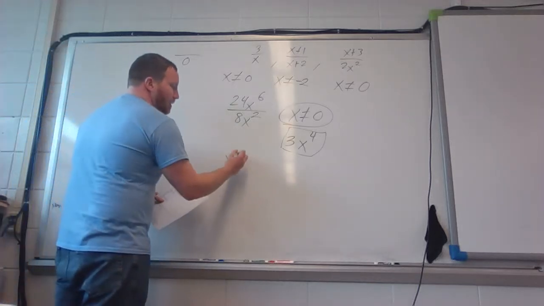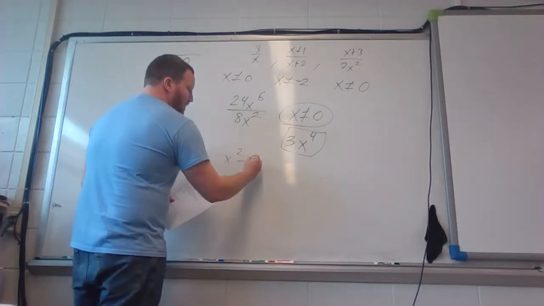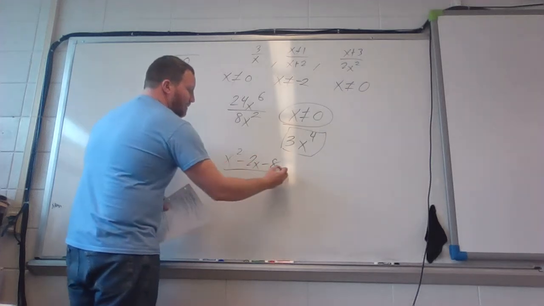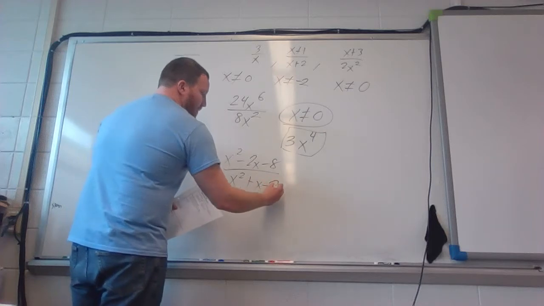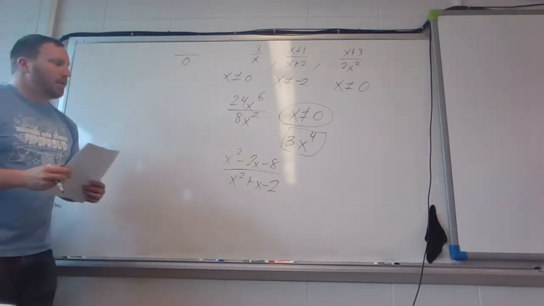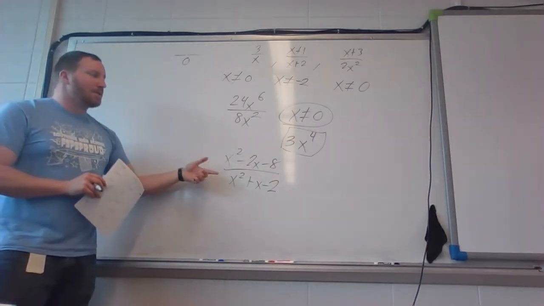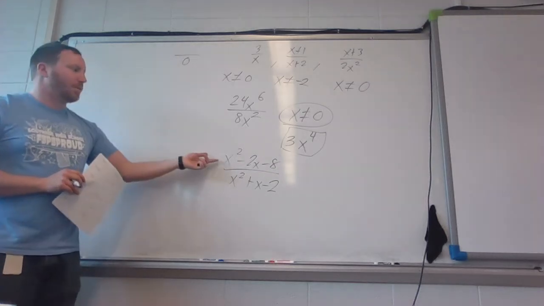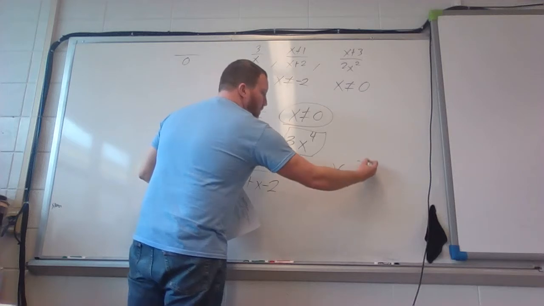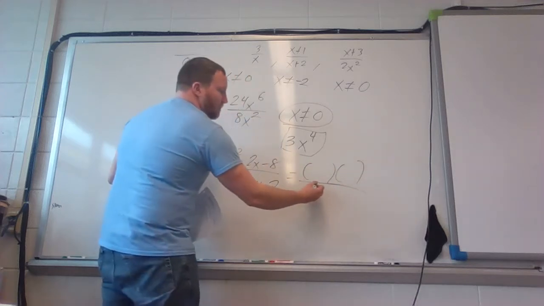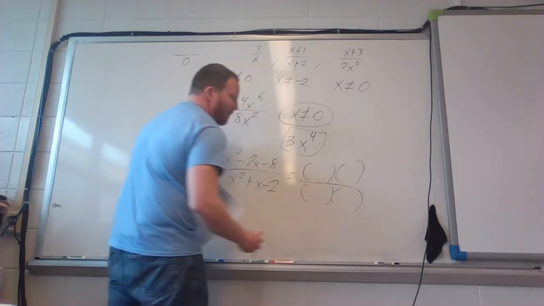We've got x squared minus 2x minus 8 divided by x squared plus x minus 2. In this case, our first step is we've got to factor. It's a trinomial on top, and we have a trinomial in the denominator.